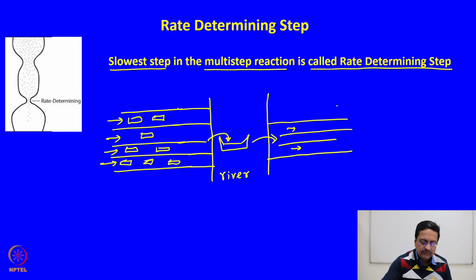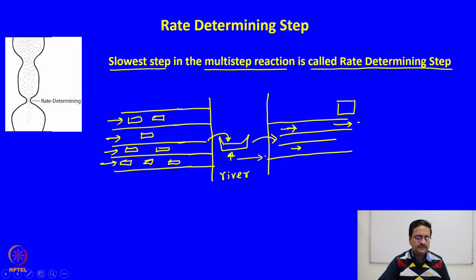So, now if you are an observer sitting here and trying to count the number of cars that are passing in front of you, this number of cars will be determined by this ship which is transferring the cars from one side to the other side of the river.